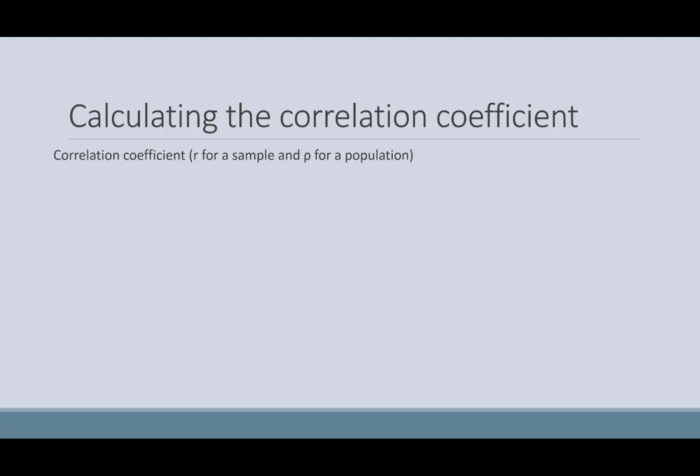There are 2 different symbols that we use for correlation. If we use the lowercase r, that's an indication that our correlation is just from a sample. And if we use the Greek letter rho, that's an indication that our correlation is from a population. This is going to tell us the strength of the linear relationship, and again, it's always going to be between -1 and 1.